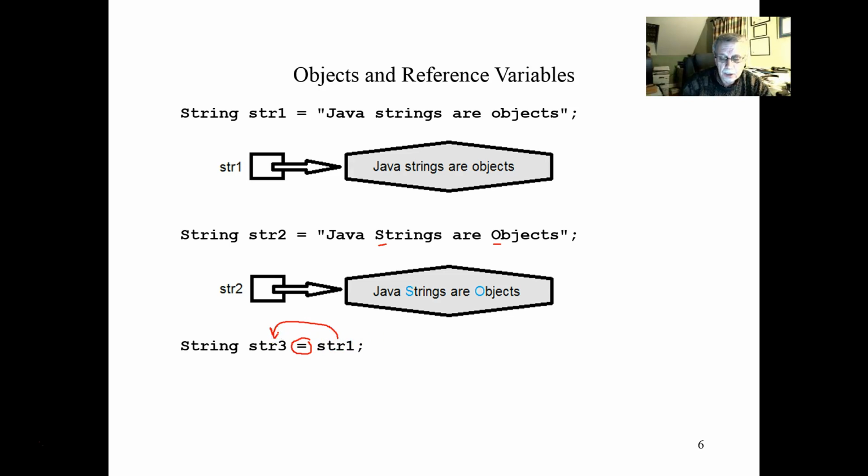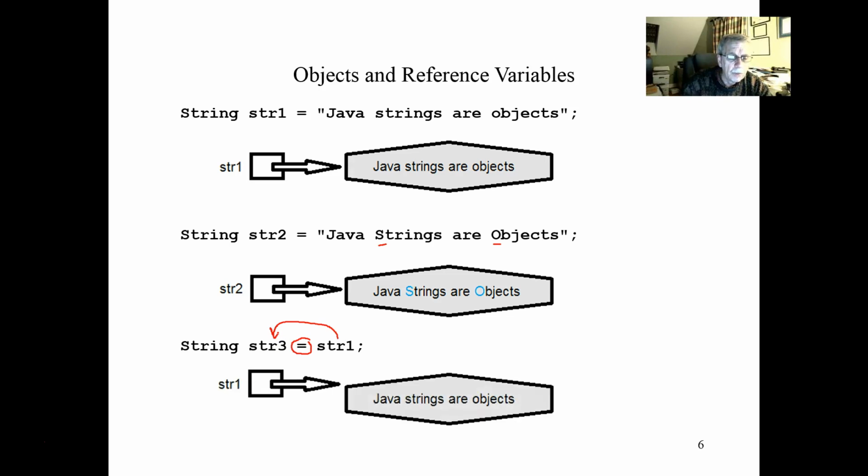What we are actually assigning is shown here. str1 is pointing to some memory location with this particular string object at that memory location.